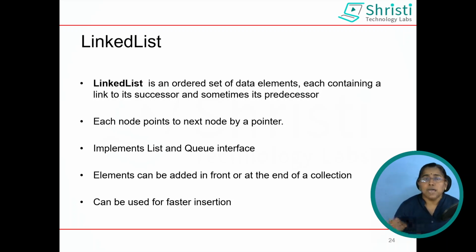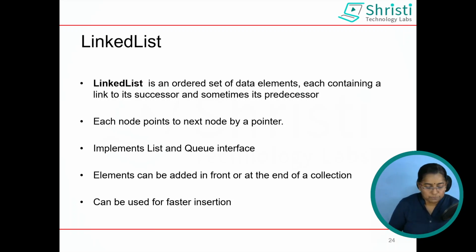If I want to add people to a queue, rather than disturbing the index, I can either add them to the first or add them to the last. So linked list can be used for faster insertion and ArrayList can be used for faster retrieval. Here also you can use Iterator, ListIterator and for each to iterate the elements and print them.